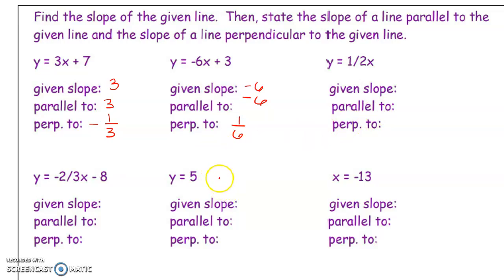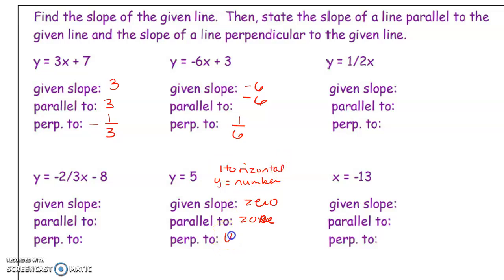Y equals a number. This is going to have a slope of 0. Parallel to something else, there'll be a slope of 0, Z-E-R-O. Y equals a number is always horizontal.